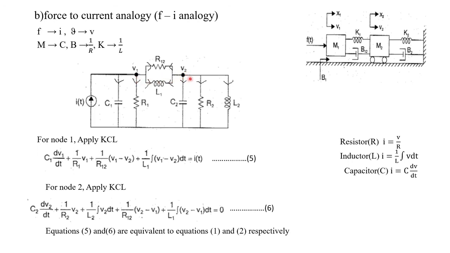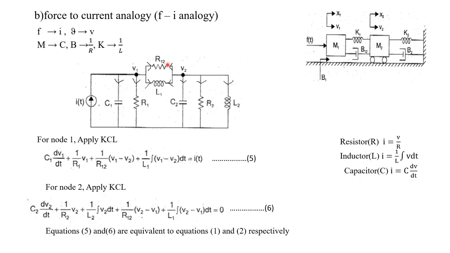V1 minus V2, because now we are writing the equation for node 1, so the corresponding voltage should come first. V1 minus V2. We are considering this direction: V1 is the higher potential and this is the lower potential. So V1 minus V2 into dt.